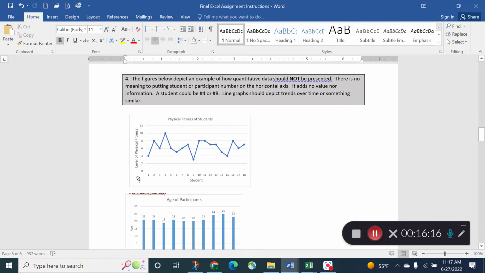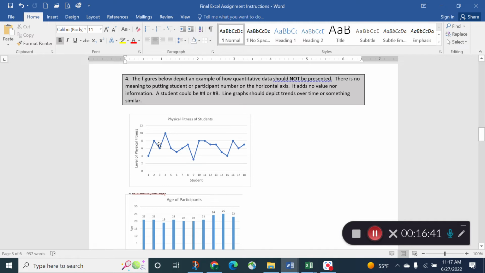And what I would say to you is that this doesn't give us any information because there's absolutely no meaning to the arbitrary student number someone was given. So if you read in here, I say person number 4 could as easily have been person number 8.